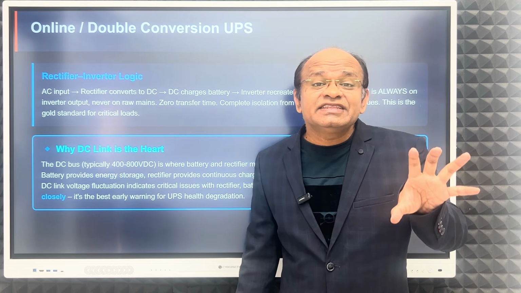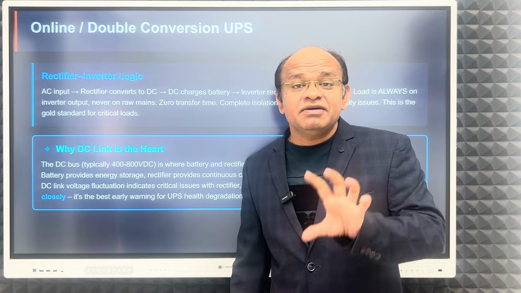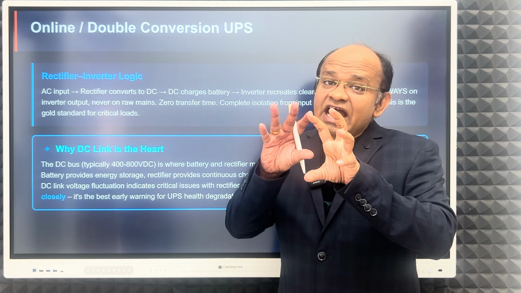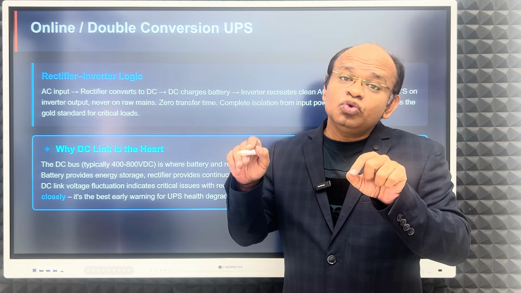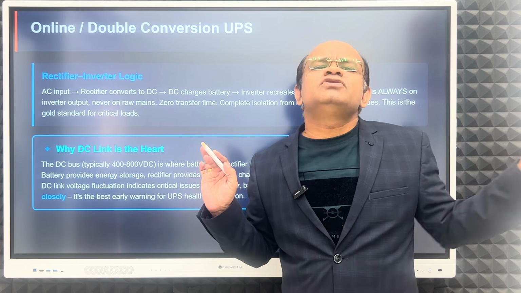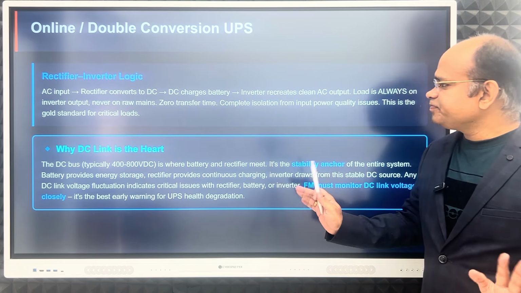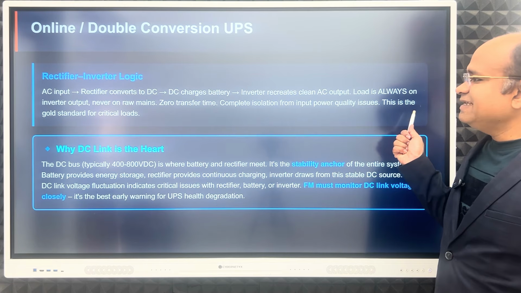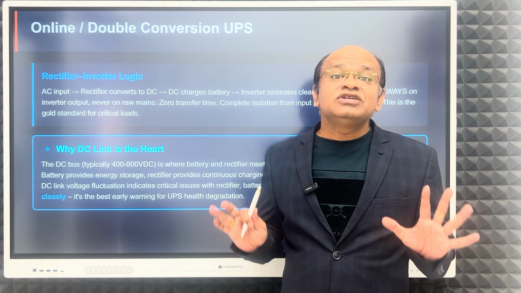It takes that energy, converts it into DC, stores it, and at the same time gives it to the inverter, which converts that energy into the desired waveform. So it is completely isolated from raw power and not dependent on raw power parameters anymore. This is the gold standard for critical loads.